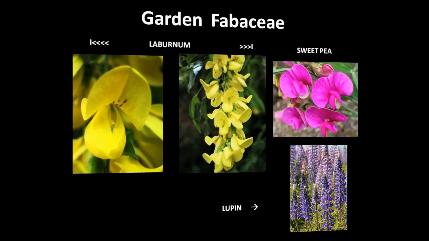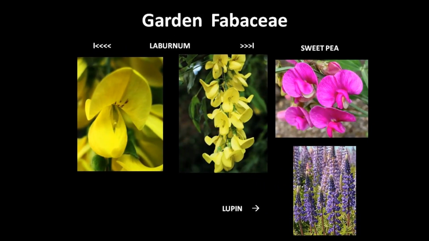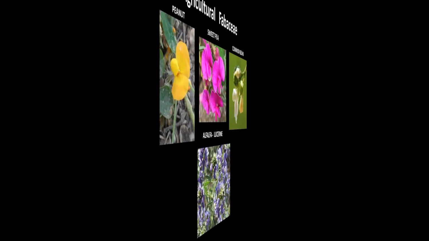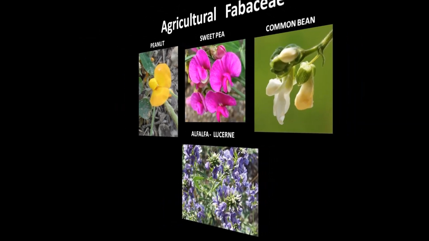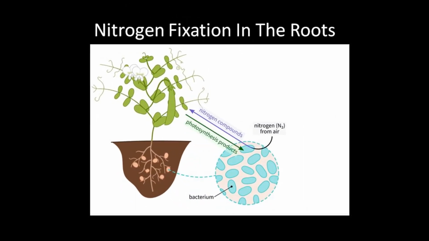There are also a range of Fabaceae familiar to gardeners, such as the early spring laburnum, the sweet pea and the lupin. The Fabaceae are a very important agricultural family, containing plants such as peanuts, sweet pea, the common bean, Phaseolus vulgaris, chickpea, lentils and lucerne.